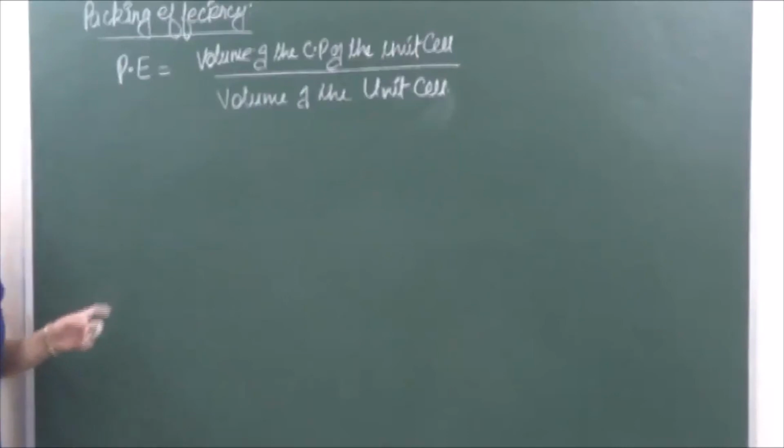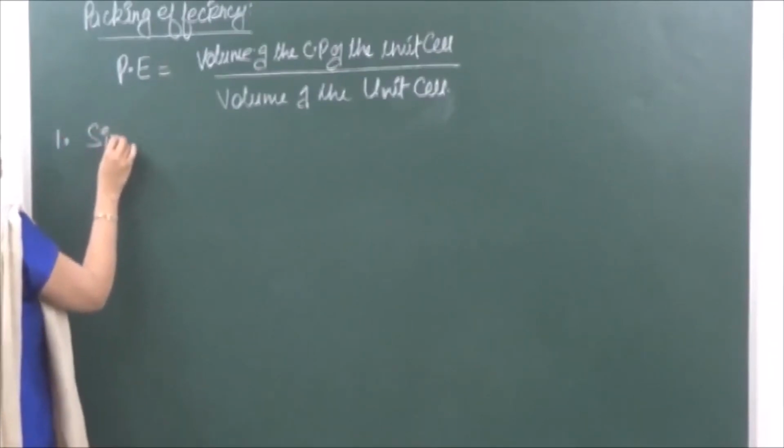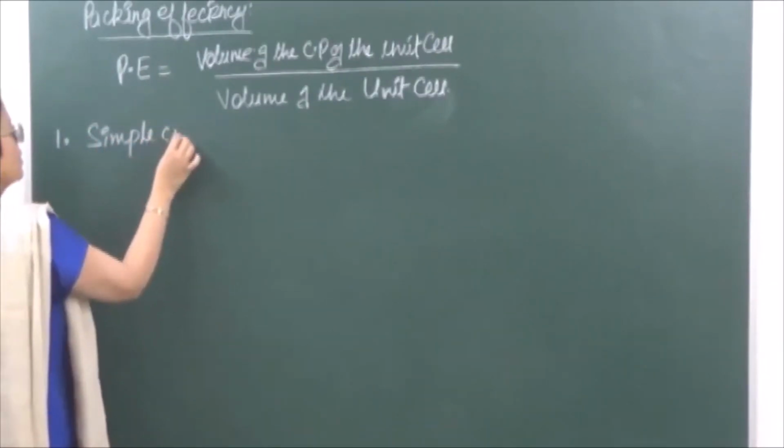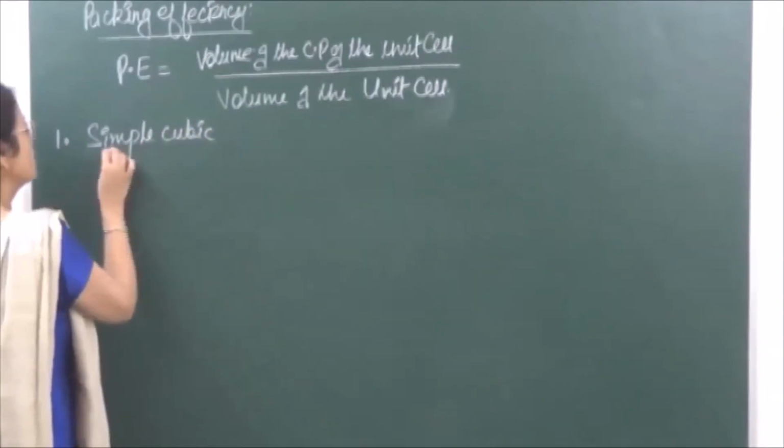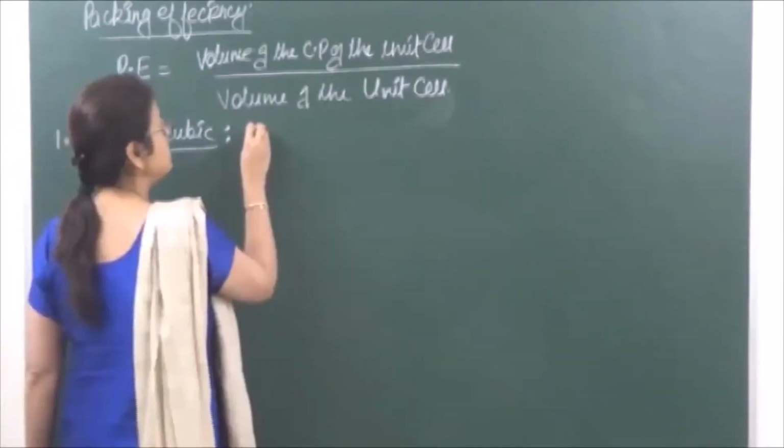So we will discuss all three types of cubic crystals. The first one is simple cubic. In simple cubic, the number of constituent particles is going to be 1.